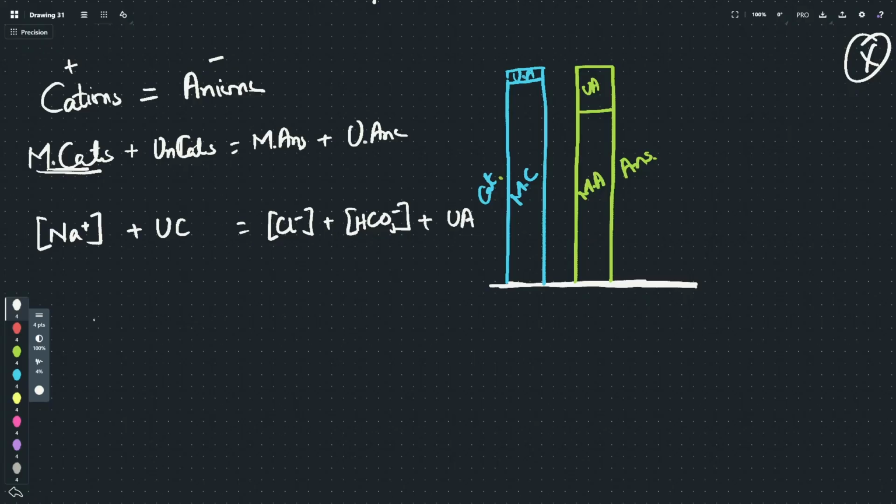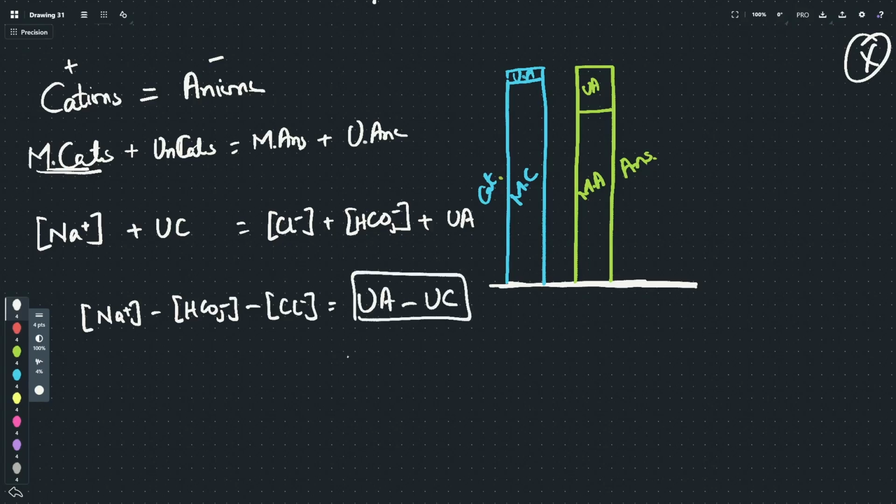Now if we rearrange this equation, then we will get sodium minus bicarbonate minus chloride levels is equal to unmeasured anions minus unmeasured cations, and this is what we call the plasma anion gap.